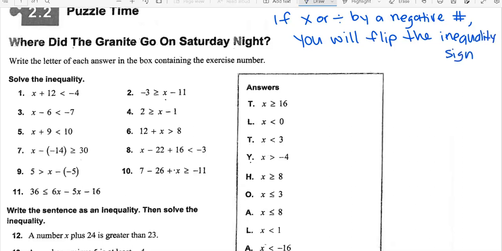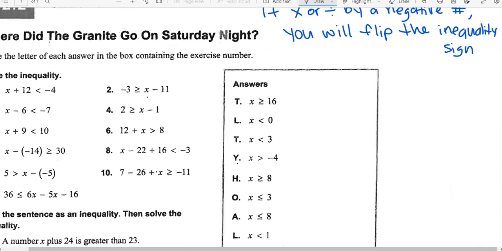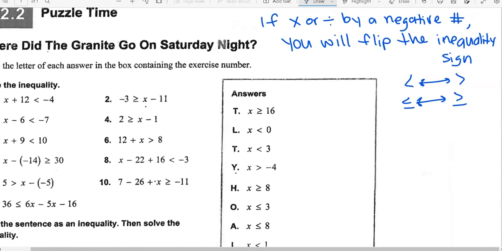Less than becomes greater than, becomes less than. If it's less than or equal to, it stays equal to, it just flips. So this guy would turn into that guy, vice versa. So if we multiply or divide by a negative number, that is the only time our sign is going to flip. Otherwise, it's going to stay the same no matter what.